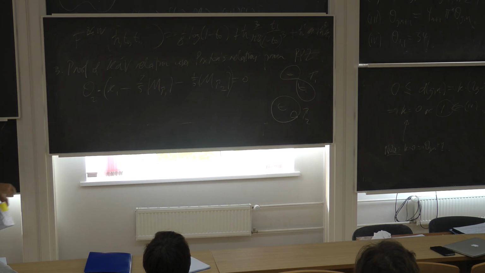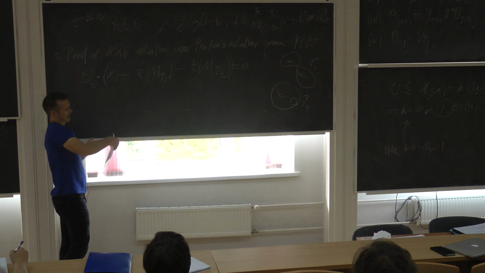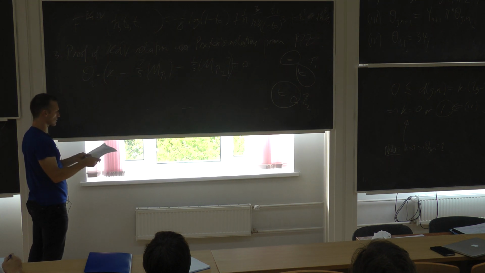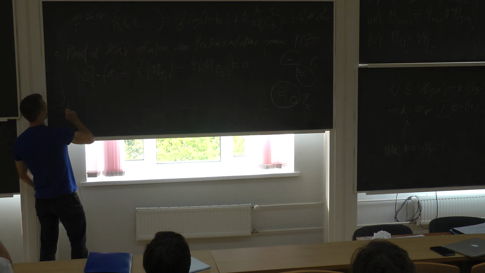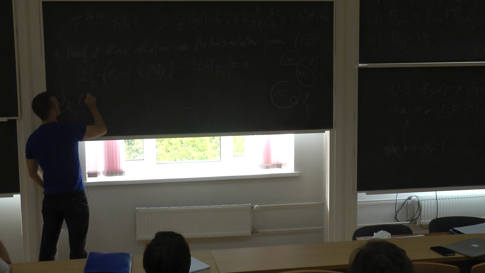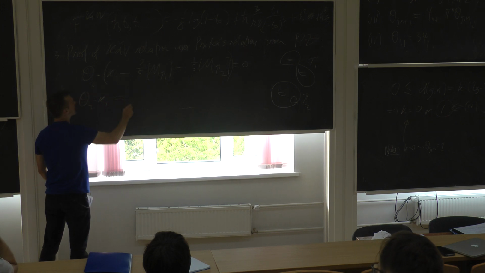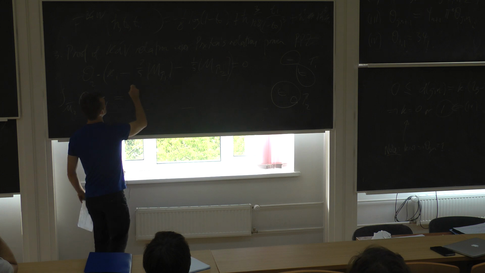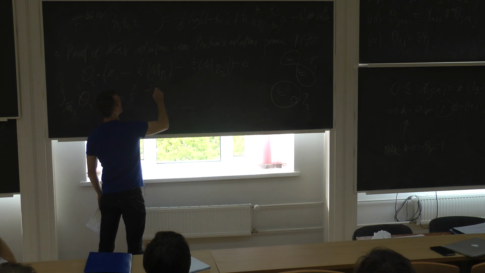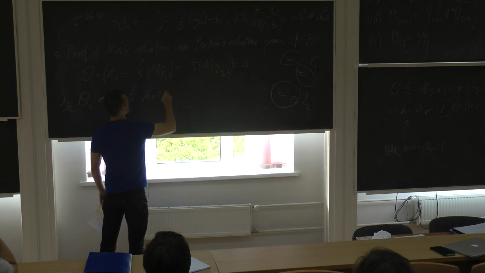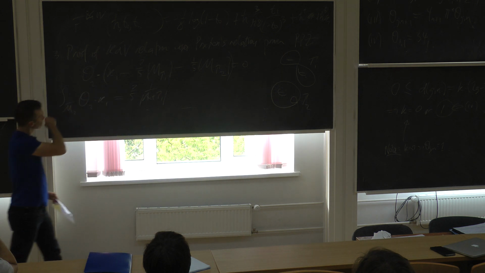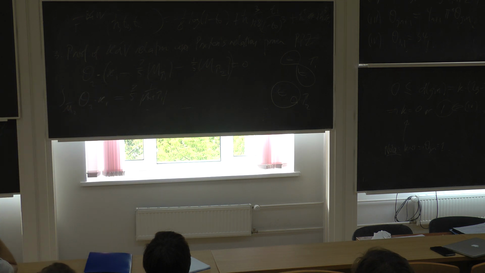So cup this with theta 2, and then I'm going to integrate over M2 bar. So theta 2 next to kappa 1 is equal to 7/5. I'm going to take n to be 0.